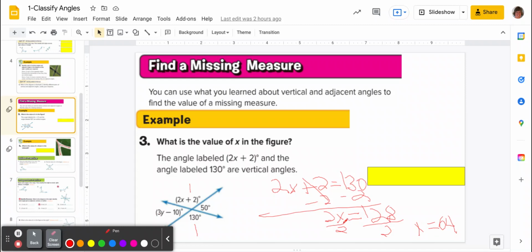So in this case, I want you to find out what y is. I will have you pause the video, try it on your own on your slides or on your paper, and you will set up the vertical angles pertaining to y exactly the same way. Go ahead and pause your video, work on your problem, and I will be back with you in just a second.